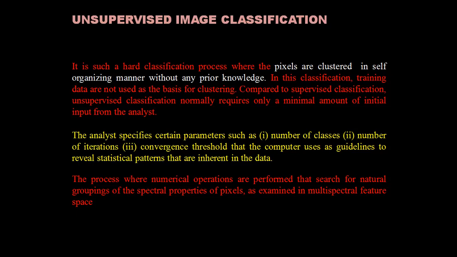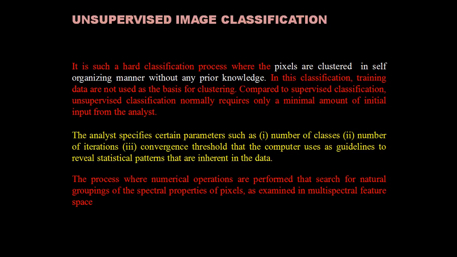Here the analyst only specifies certain parameters such as number of classes, number of iterations, and convergence threshold, so that the computer uses guidelines to reveal the statistical patterns inherent in the dataset. So these three are the needed parameters for the unsupervised classification system.